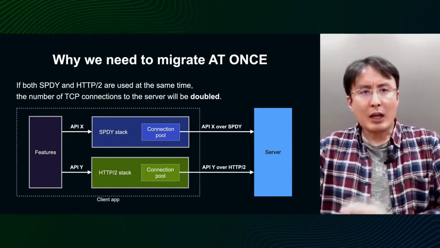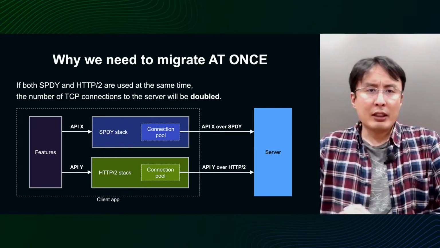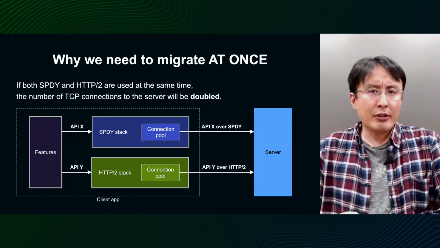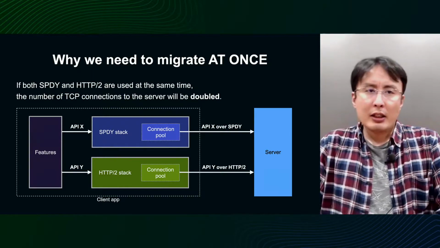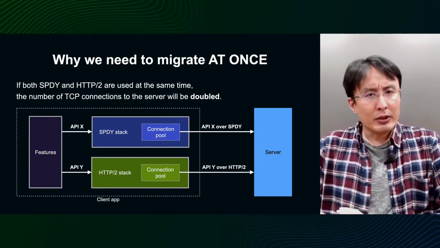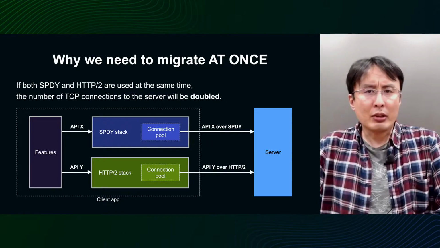Let's consider what happens when one API call goes via SPDY and another via HTTP2 within the same application. The SPDY and HTTP2 network stacks each establish a connection to the server.